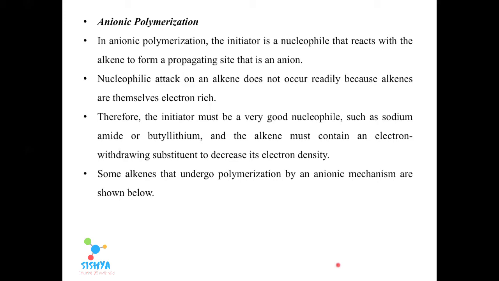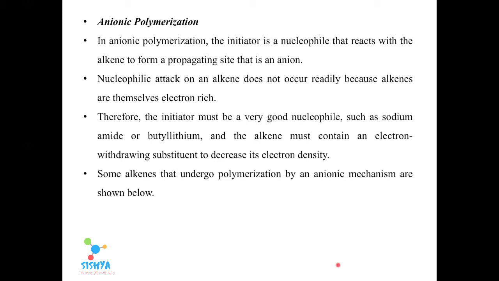Nucleophilic attack on the alkene does not occur readily because alkenes themselves are electron-rich compounds. The initiator must be a good nucleophile, such as sodium amide or butyl lithium, and the alkene must contain an electron withdrawing substituent to decrease its electron density.